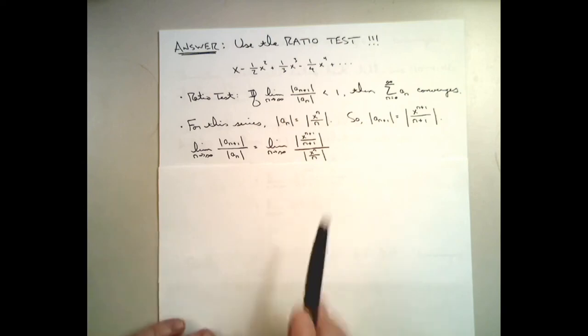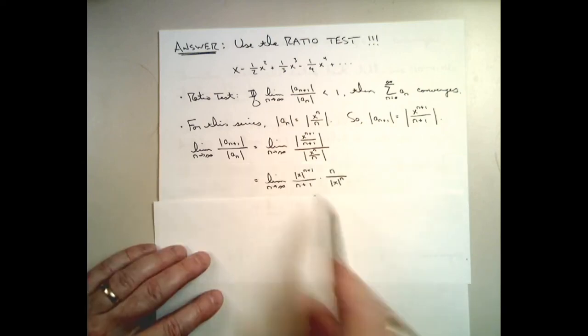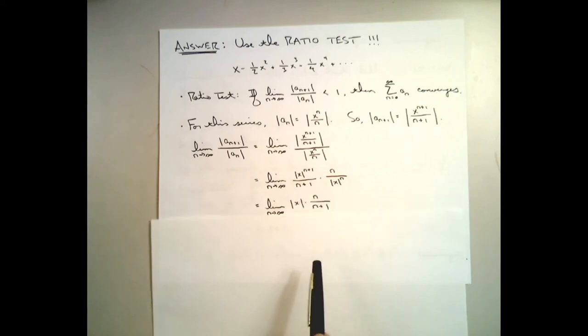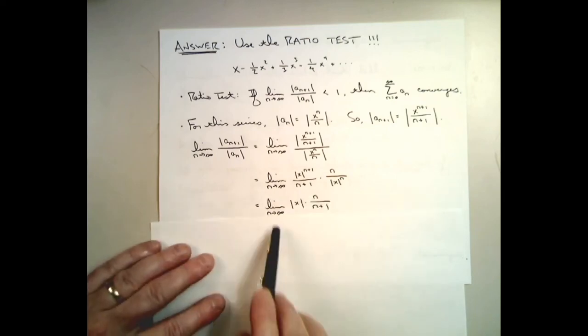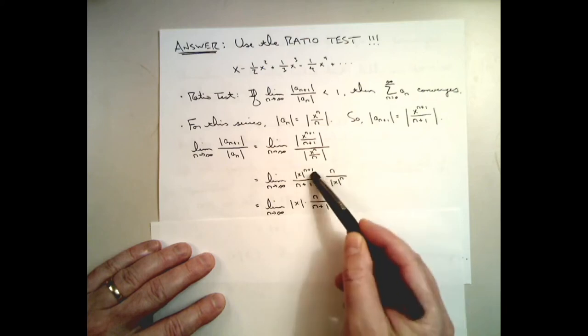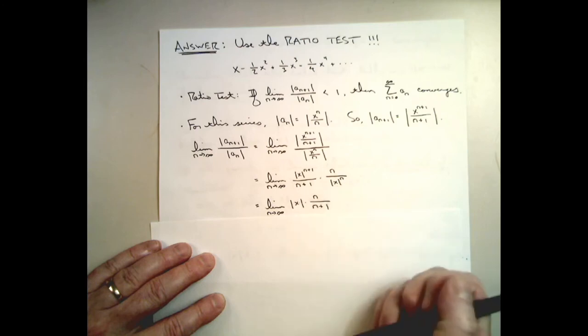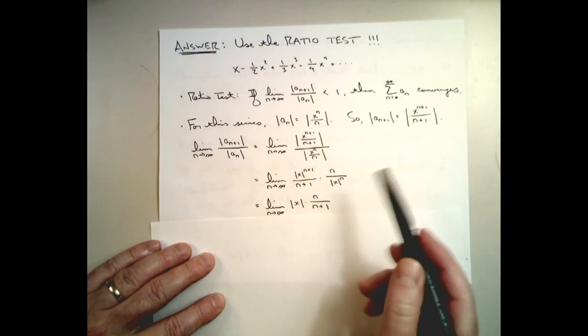And I'm getting that ratio, invert and multiply. And just a little bit of algebra tells me that what I get is the limit as n goes to infinity of, let's see, so I have n plus 1 x's on top, n x's on bottom. So that's going to be a single absolute x.